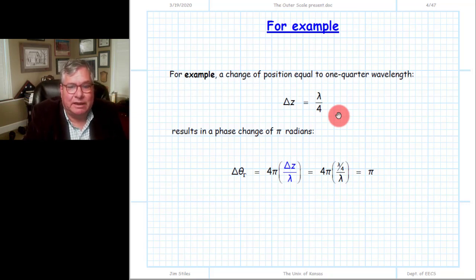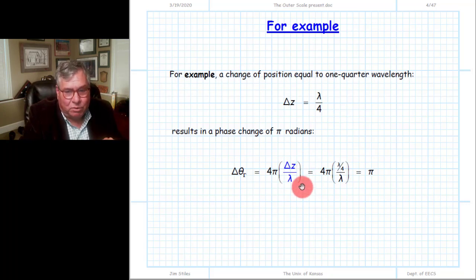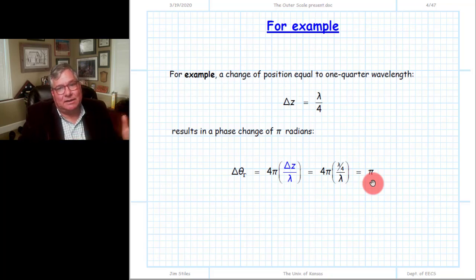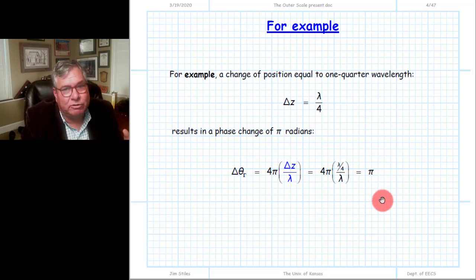Well, we can take our expression, simply take delta Z and divide it by lambda. That gives us a value of 1/4, and then we multiply it by 4 pi. The change of phase would simply be pi radians. By moving the distance of lambda over 4 along our transmission line, the angle of the reflection coefficient has changed by exactly pi radians, or 180 degrees.